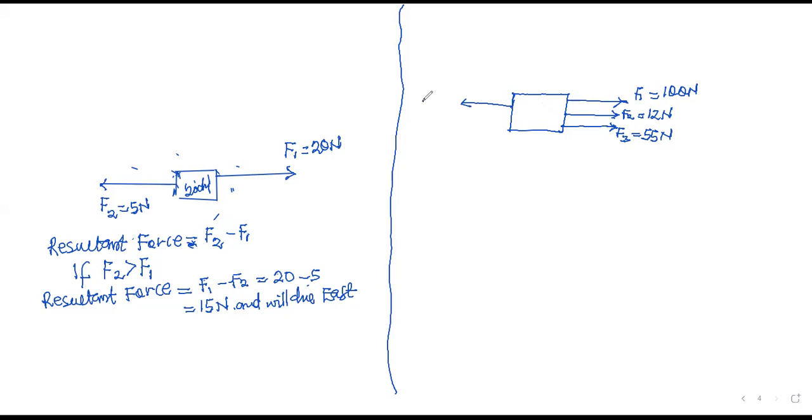This is F4, 40. This is F5, 15 Newton. Then we have another one from this direction, which is F6.